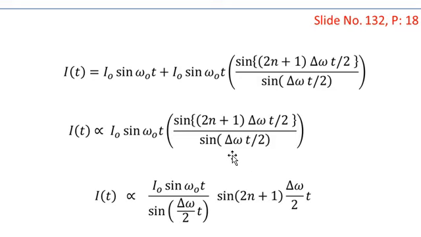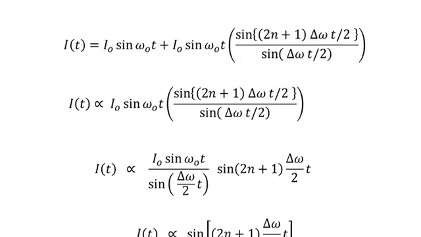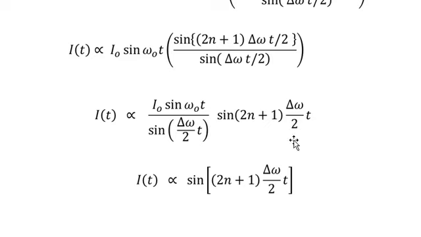So if you go one step down to show the proportionality, you can write that this I of t is proportional to I naught sine of omega naught t divided by sine of delta omega, which I have written over here, and this sine function has been written over here. So if you go one step further down, you will see that I of t is proportional to this sine function.